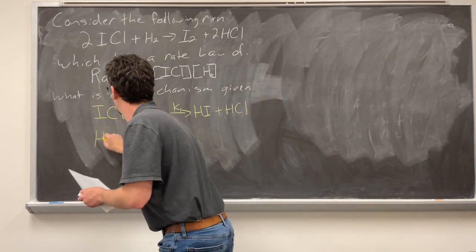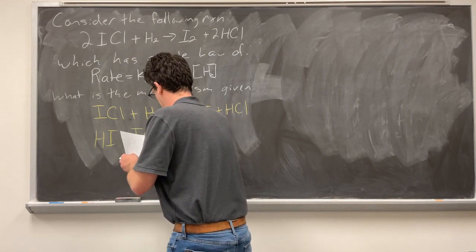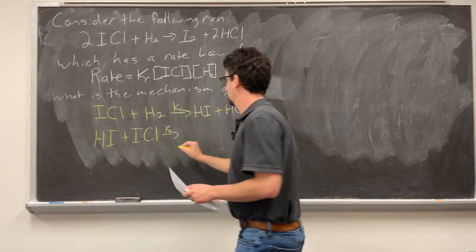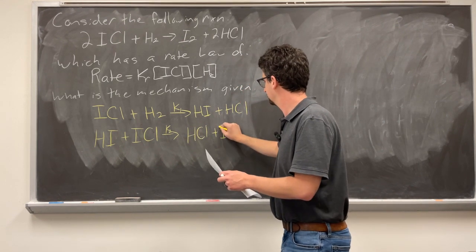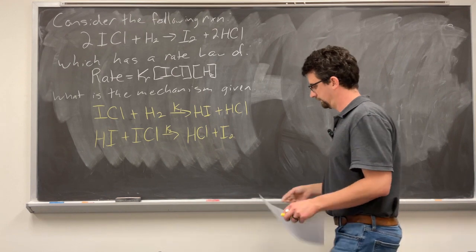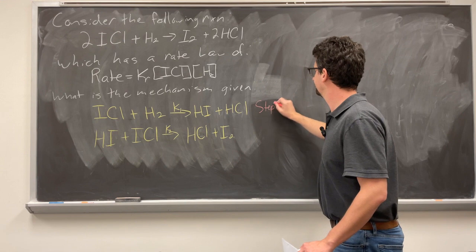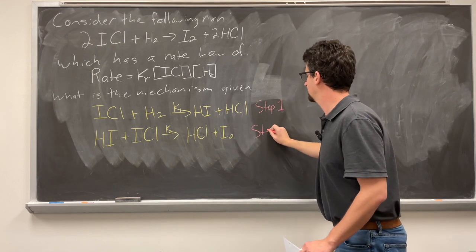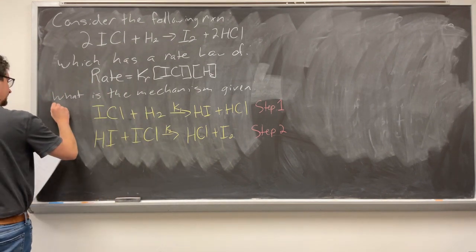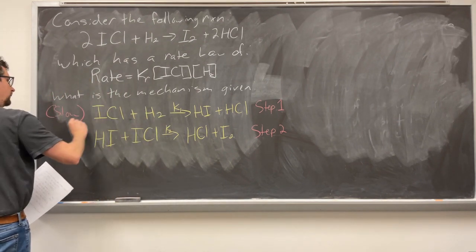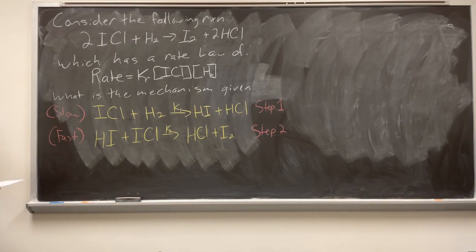And then we also have HI plus I, the rate constant of k sub 2. This is going to be step 1. This is going to be step 2. And in terms of the reaction speeds, that one's slow, this one is fast. So the bottom second step is fast.